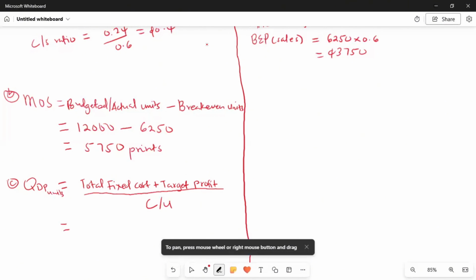So our total fixed cost is 1,500, and our target profit, which is given to us in the question, is 1,800.